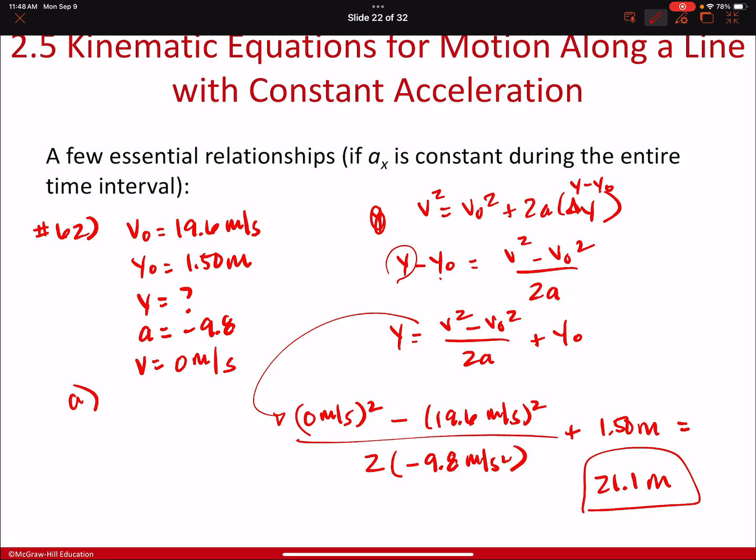So, does anybody remember the quadratic formula? You do not have to have the quadratic formula memorized. However, by the time you get done, you'll probably have it memorized.